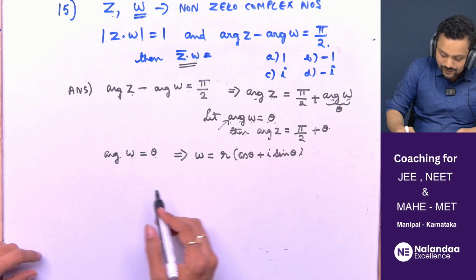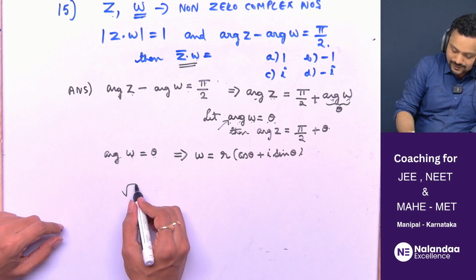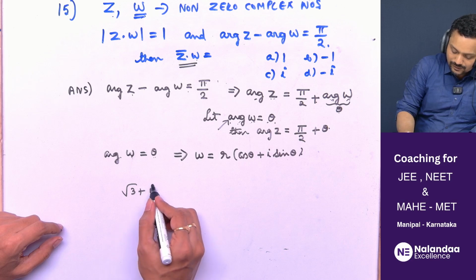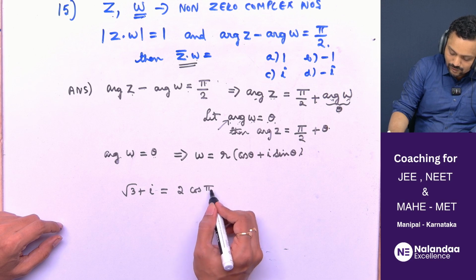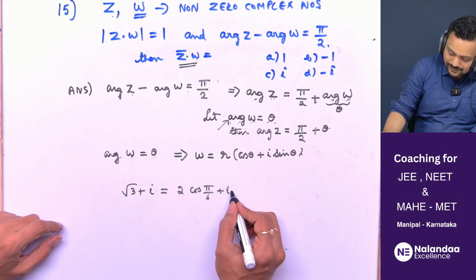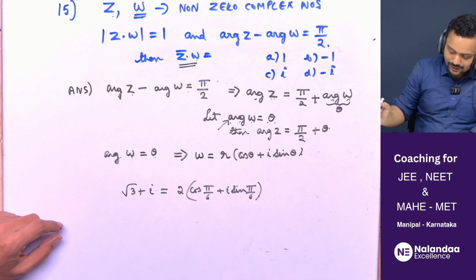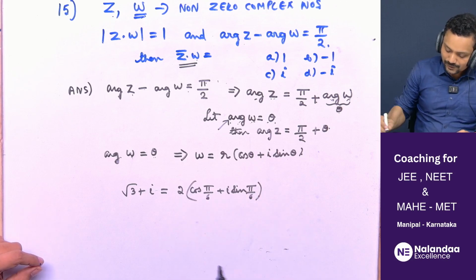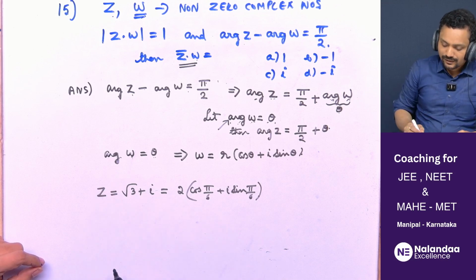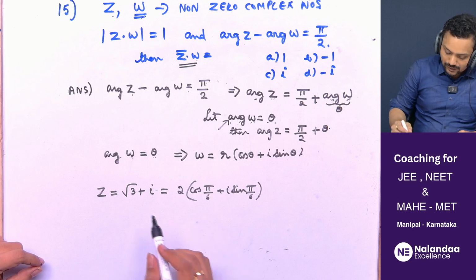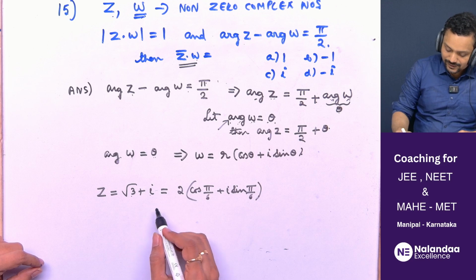For example, that time we got one complex number, root 3 plus I, equal to 2 into cos pi by 6 plus I sin pi by 6, if you remember my first question today under polar form. So when I say this is z, and argument of root 3 plus I is pi by 6, what is the meaning of that?